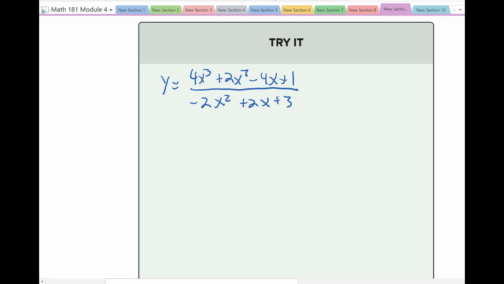And they want to know our end behavior for this one. We have a cubed on top, a squared on bottom, so we're going to have an oblique asymptote.